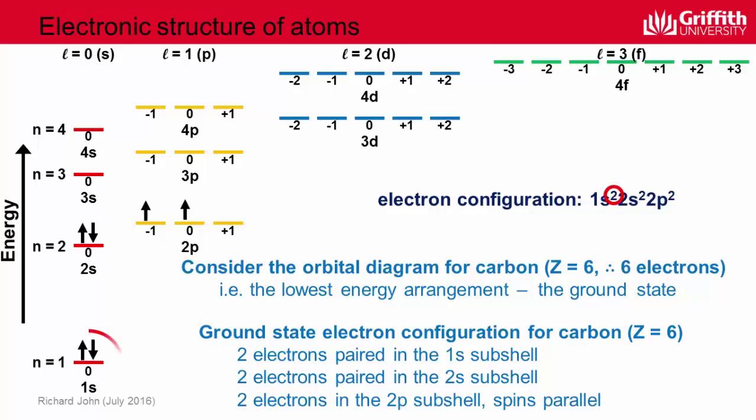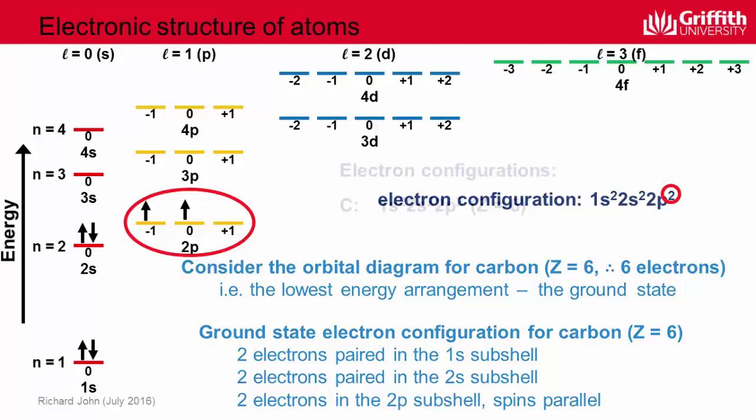And again, that 2 superscript representing the 2 electrons in the 1s subshell, that 2 superscript representing the 2 electrons in the 2s subshell, and that 2 superscript representing the 2 electrons in that 2p subshell.